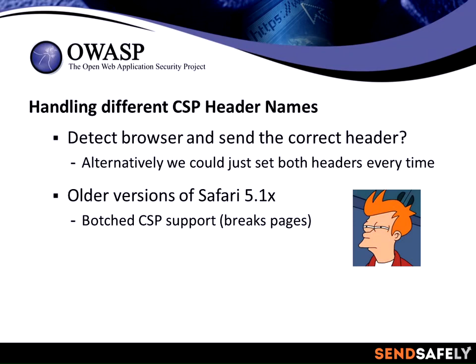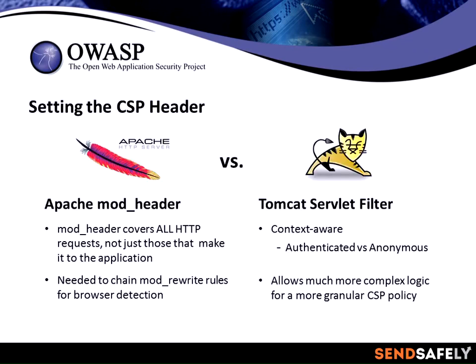It tried to block content, but it basically would block everything. So you actually can't even set a content security policy header with those older versions because it pretty much just breaks the user experience. So we decided we were going to have to do some level of browser detection and set headers specifically based off of what browser the person's using.